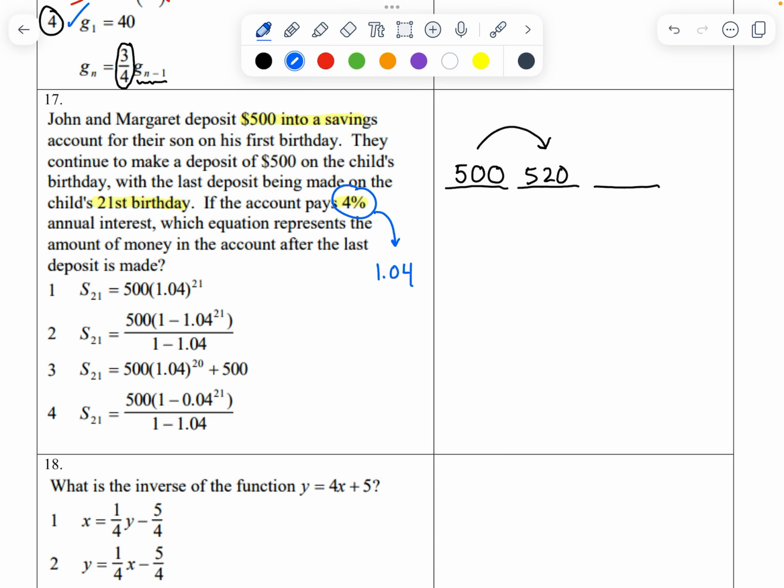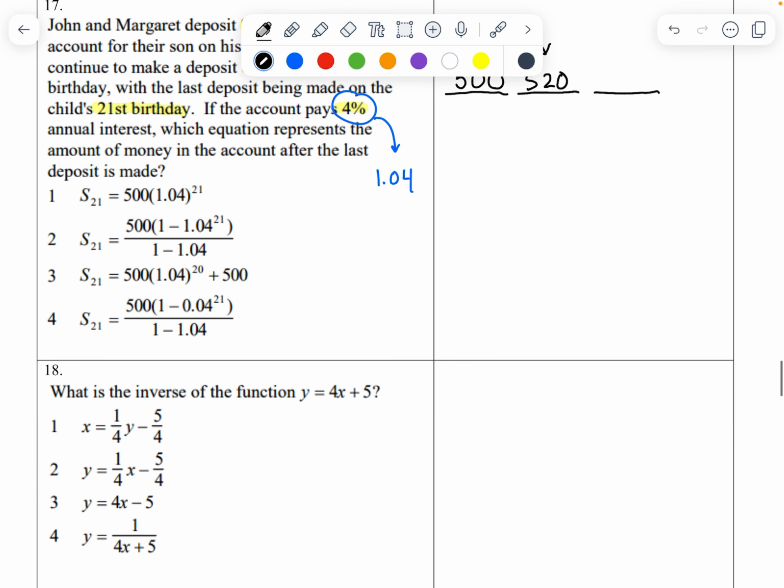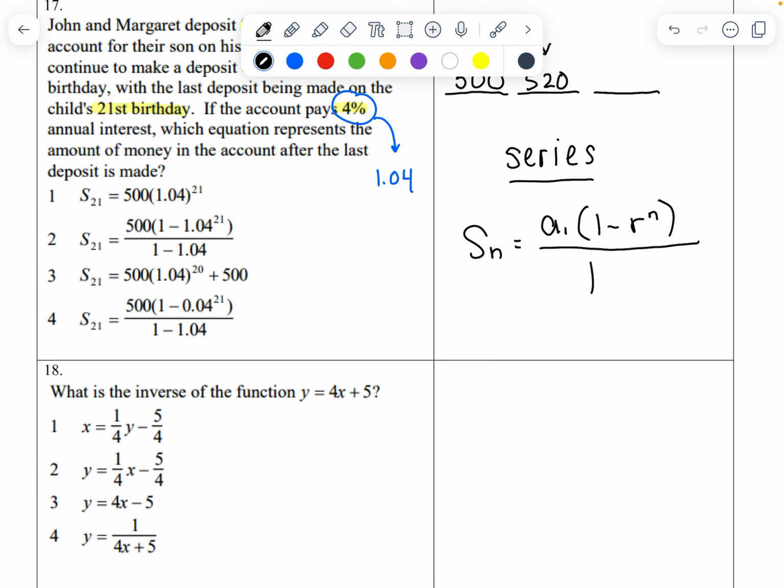And what's happening is we want to know how much money we have all together. So what we're going to actually do here is we're going to be adding these together. So this is called a series. This is a geometric series. So this is a formula on your formula sheet. And this formula is your first term, 1 minus r to the n power over 1 minus r.